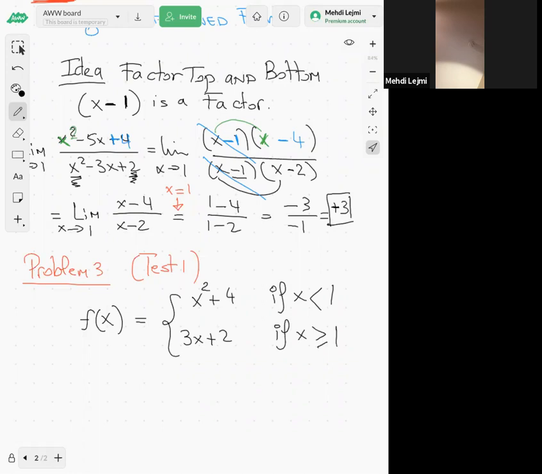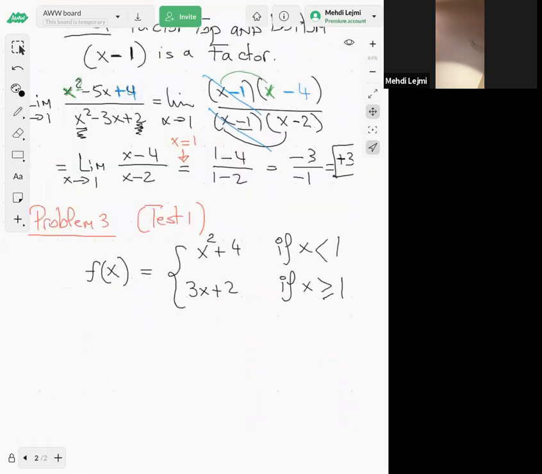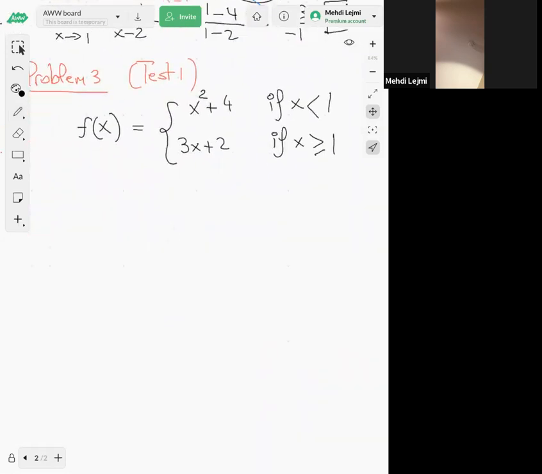So first question, A: is f of x continuous at x equal to 1? Let me just remind you, what's the definition of continuity?